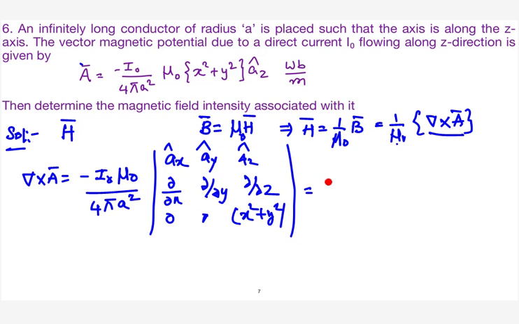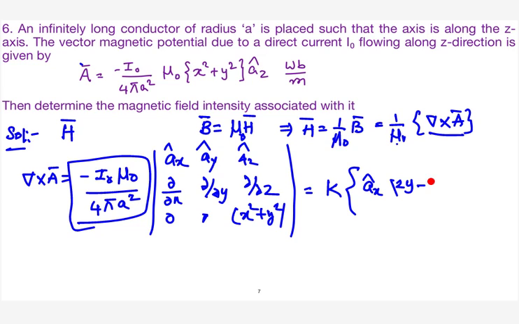So some constant k, this I was referring to as some constant k into ax cap into 2y minus 0 minus ay cap into 2x minus 0, and there is no z coefficient. So your H will be straight away the same as curl of A divided by mu naught.